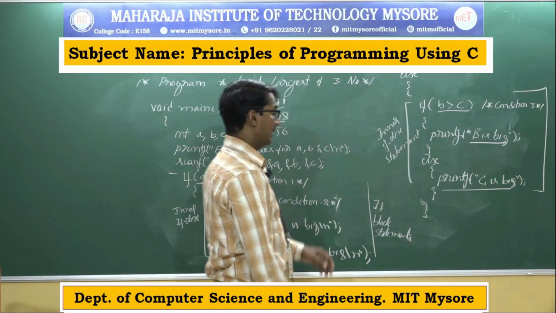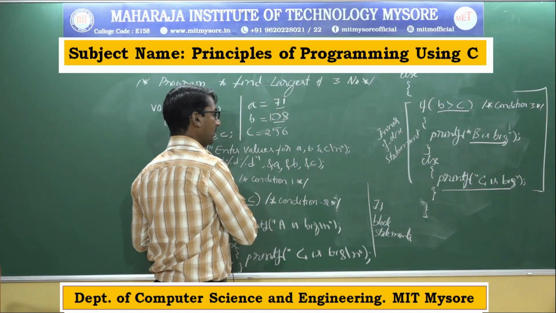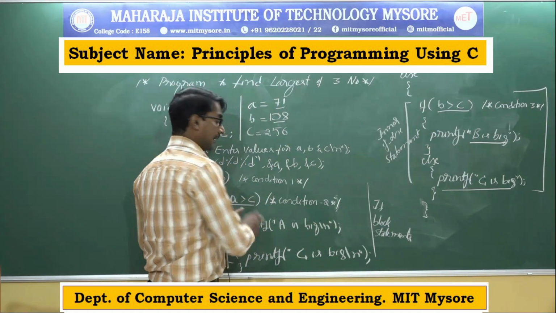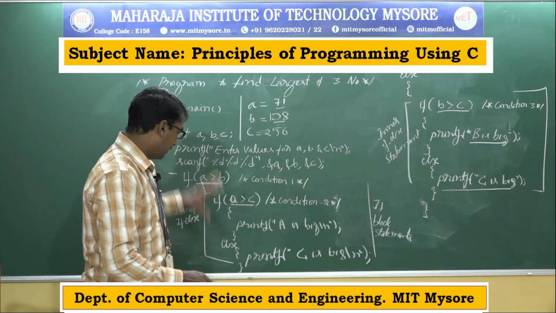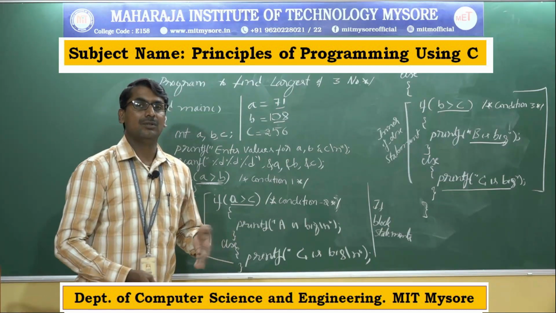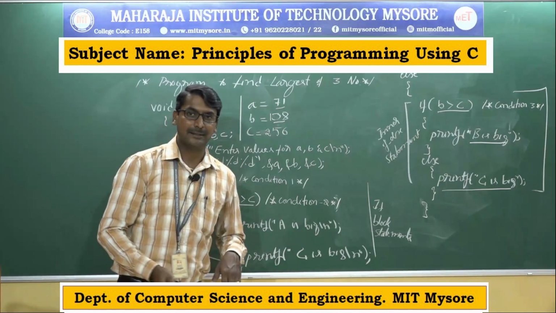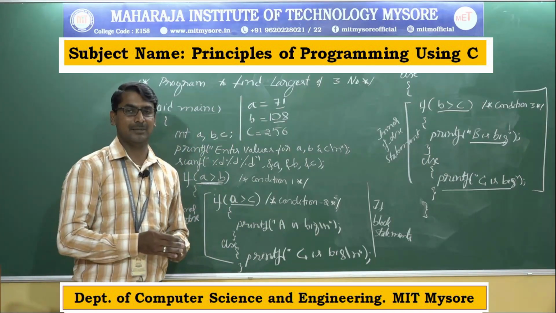The outer if is A greater than B and A greater than C is the inner statement. Two if else statements are present within one more if and else statement. This concept is called nested if statement.